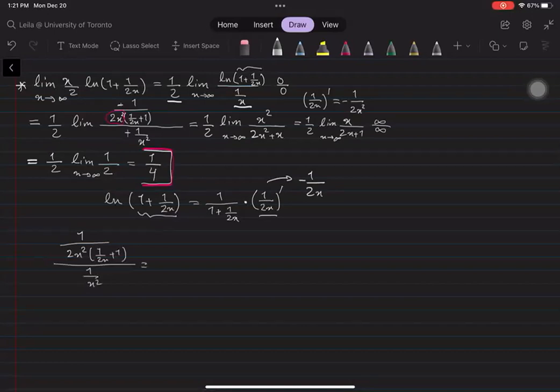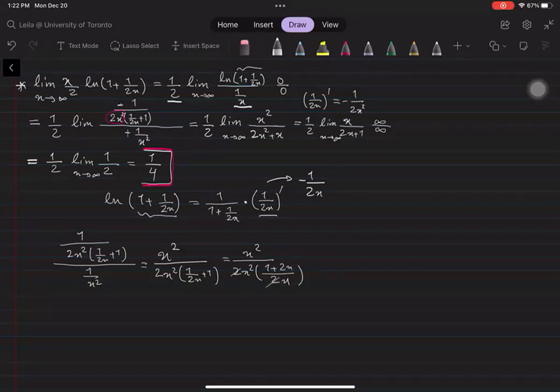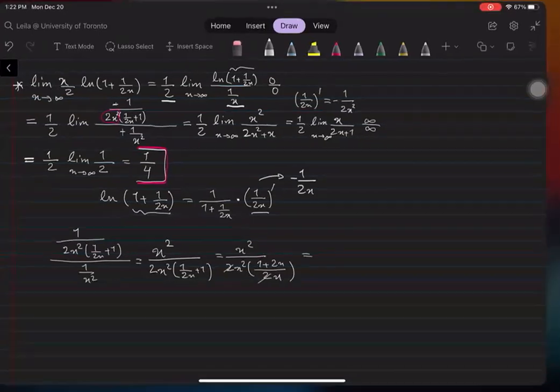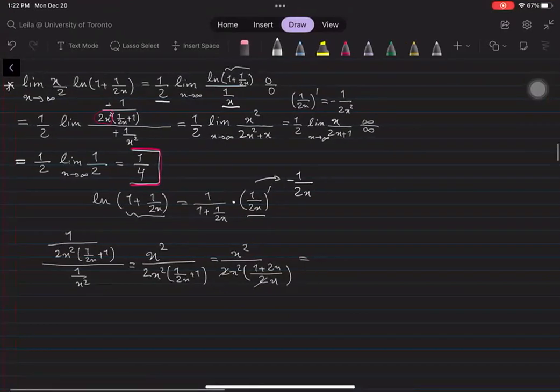And then just change the places so it's the same as saying x squared divided by 2x squared. And then 1 over 2x plus 1, x squared, 2x squared. It's 2x. Then you can cancel out the 2's. X squared.